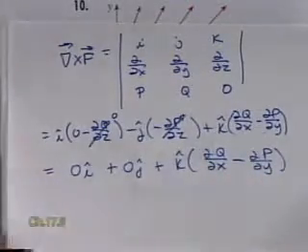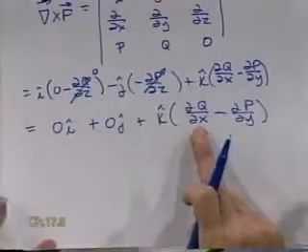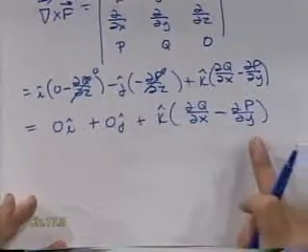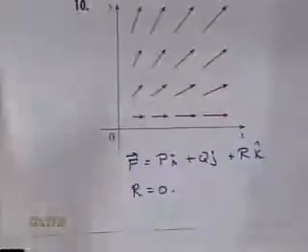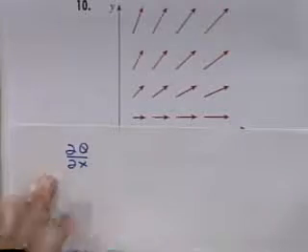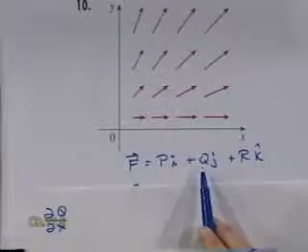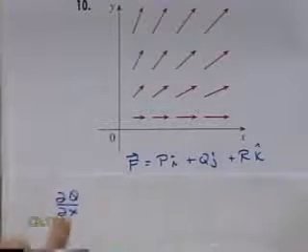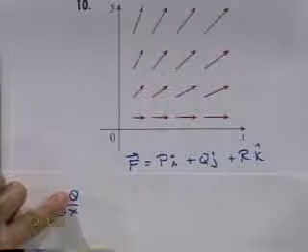All right, let's go back to the picture. We have partial of q with respect to x to figure out, and partial of p with respect to y to figure out. So I'm going to write down the two that I've got to figure out. What is the partial of q with respect to x? Now remember, F is Pi plus Qj plus Rk. So Q is the what? The y component.